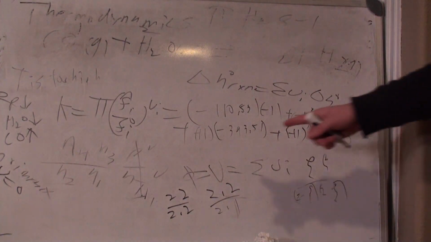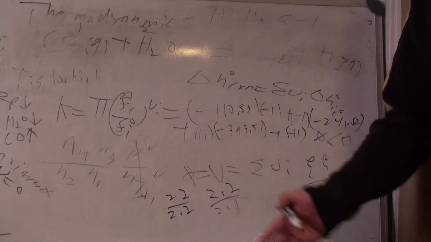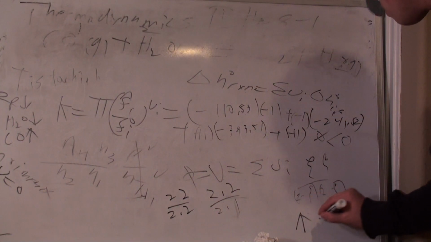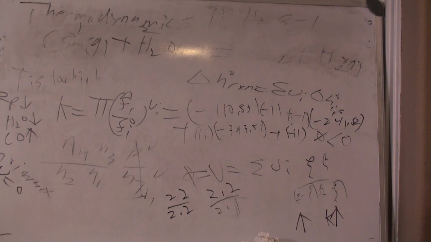This one is 4 divided by 4, which is 1. This one is 4 divided by 2, which is 2. So did it go up or down? It went up, which means K had to go up, which means, because this is exothermic, T had to go down.